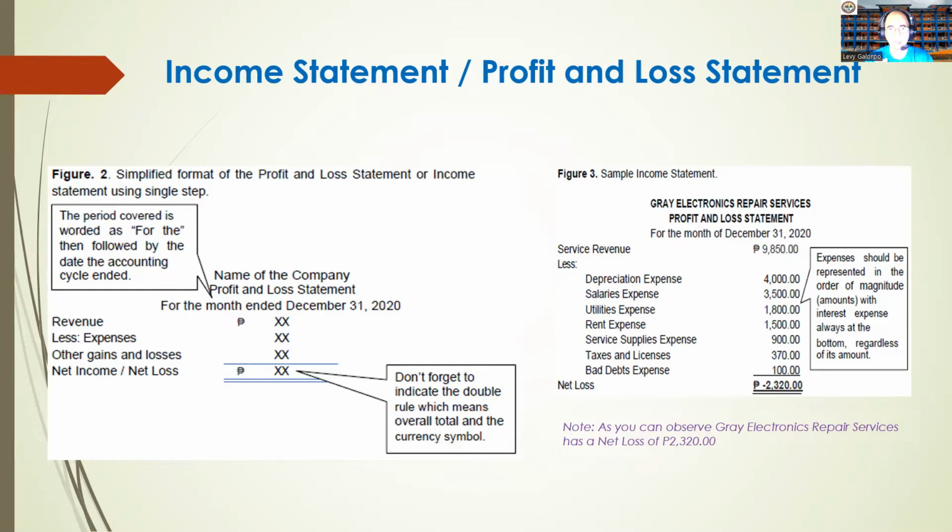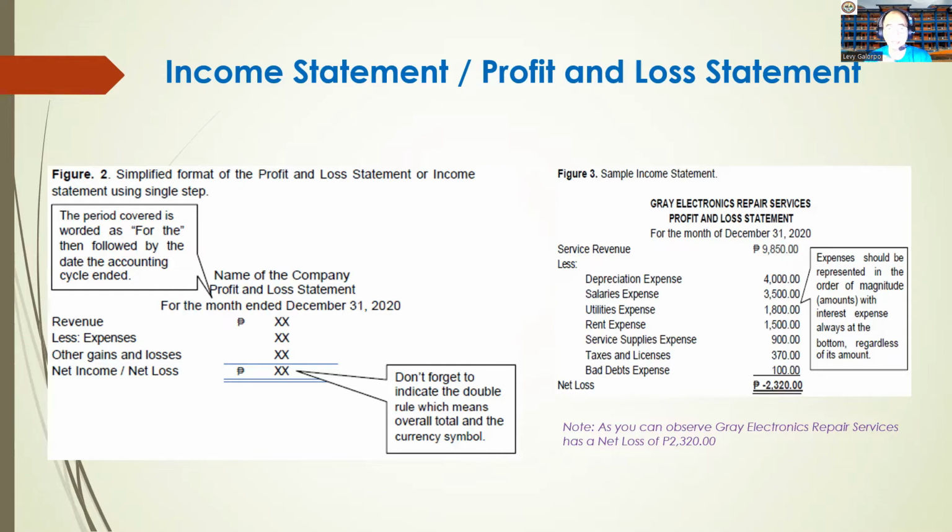ended December 31, 2020. The period covered is worded as for the, then followed by the date of the accounting cycle ended. So dito sa income statement, gagamitin natin ang for the month kasi pinapakita to yung period lang ng business operation na mini-measure natin, which is from December 1 hanggang December 31.